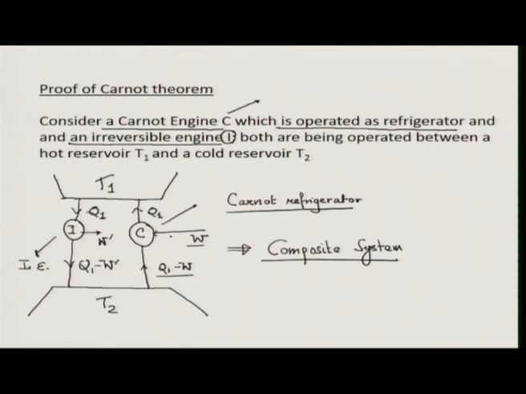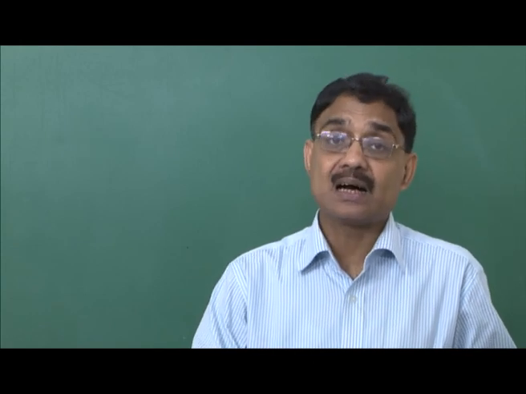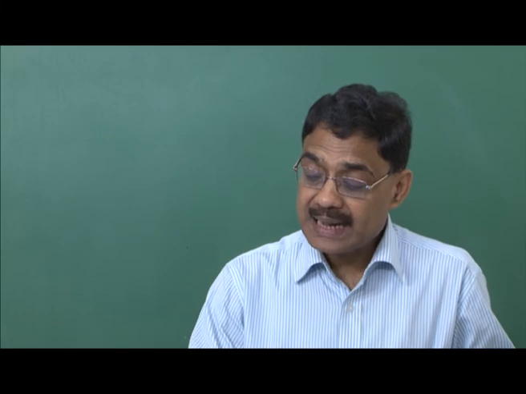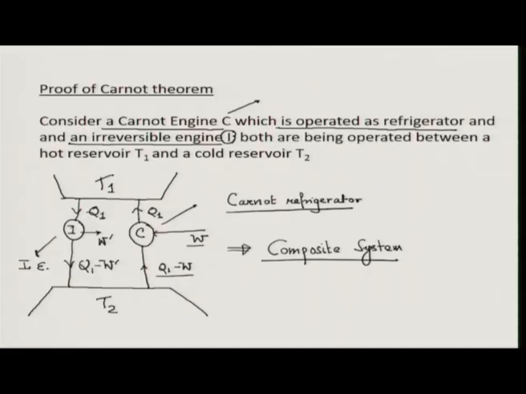What is W? Work done on the Carnot refrigerator. Okay? To ensure that the Carnot refrigerator releases Q1 amount of heat to the reservoir T1, whereas the irreversible engine extracts Q1 amount of heat from the hot reservoir.